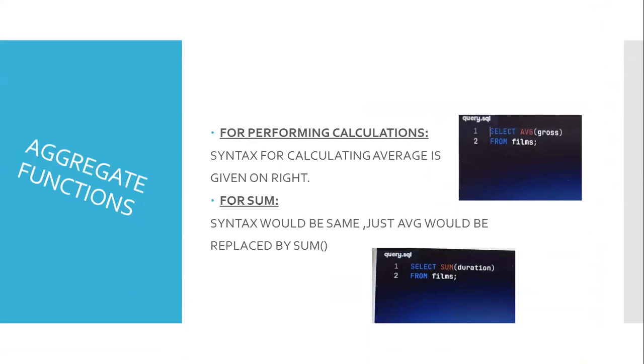In the third chapter, I studied some aggregate functions. If I want the average of any column, then I will write AVG followed by the column name. If I want the sum of any column, then SUM will be followed by the column name.